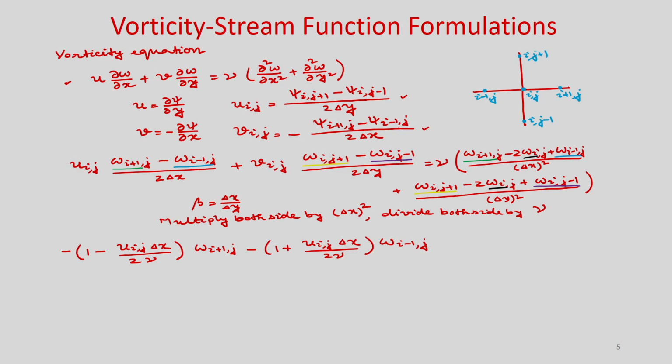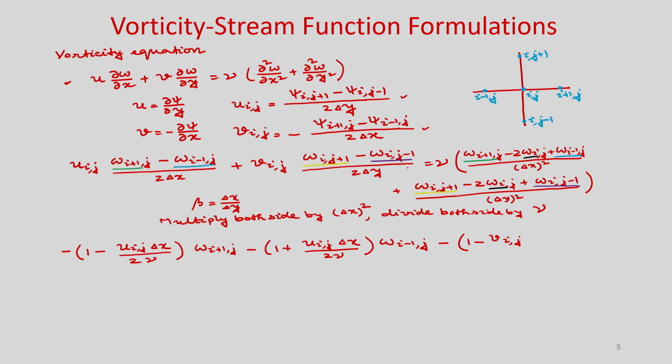Similarly, now you write omega i j plus 1. It will be minus beta square times 1 minus v i j.